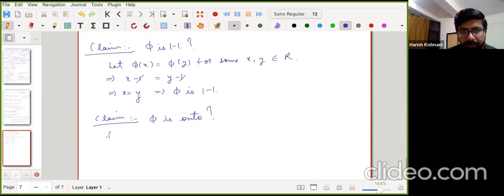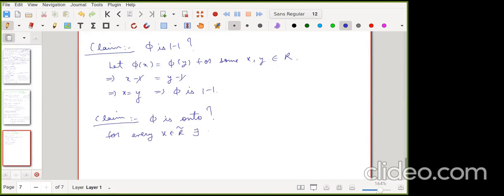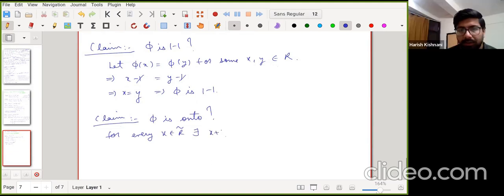For every x in R tilde, there exists what element? x plus 1 R, yes. x plus 1 R belongs to R such that phi of x plus 1 R is x plus 1 R minus 1 R, which is x plus 0 R, that is x.